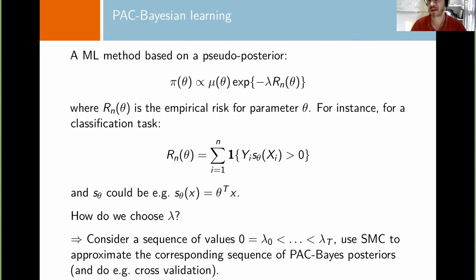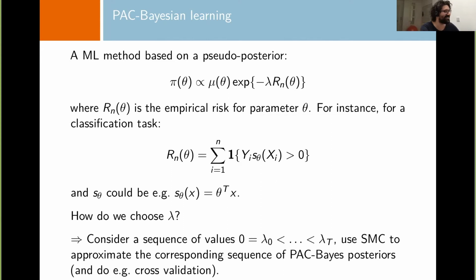No. What I have in mind here is that your data set is fixed, and the only thing that is going to change is lambda. You just want to approximate your pseudo-posterior for different values of lambda. Right. So you have maybe a maximum value you want to consider, and maybe you're right, you should divide this by n. But then the discussion will be the same. Okay. I'll save this one question for later because probably this is going to kick in.